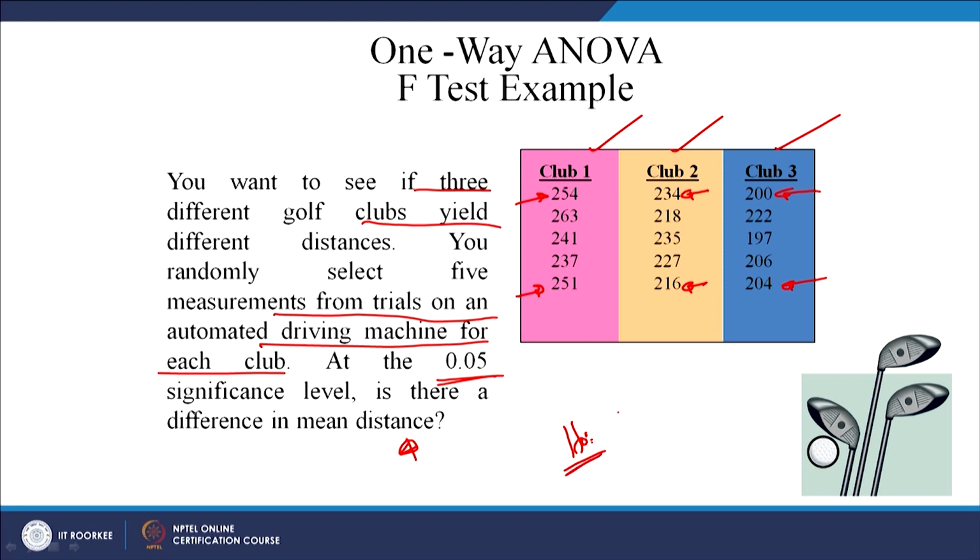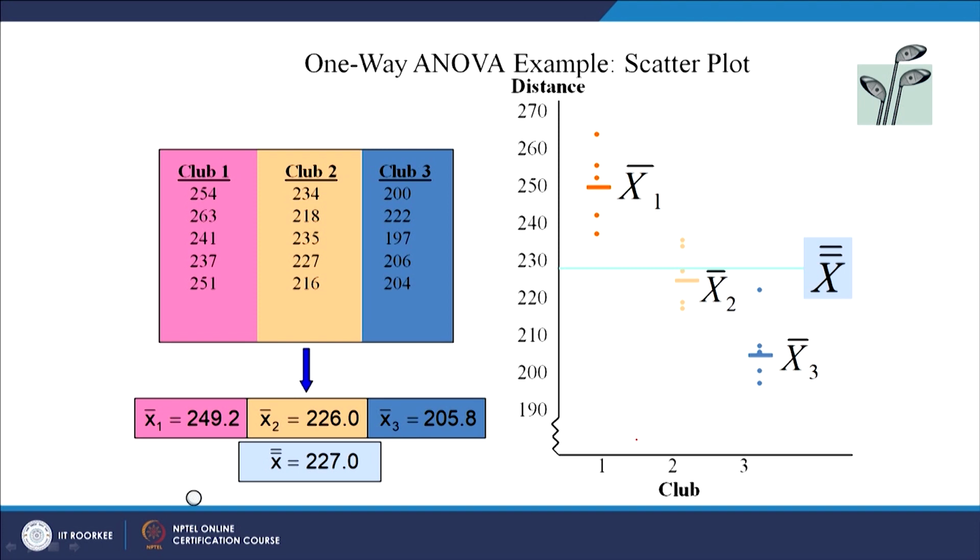That all these distances are same, right. So, mu 1, mu 2 and mu 3 are same, and they are not same is the alternative hypothesis. So, these are different data points in this chart.